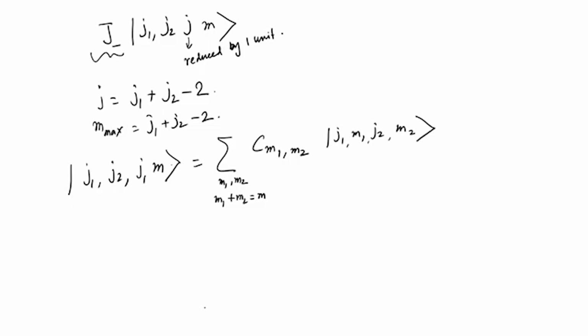So, what does this C M1 M2 represent? What do these Clebsch-Gordon coefficients physically mean?